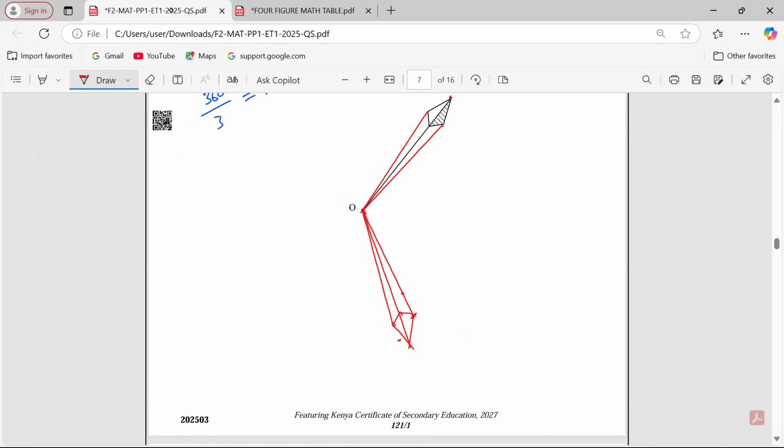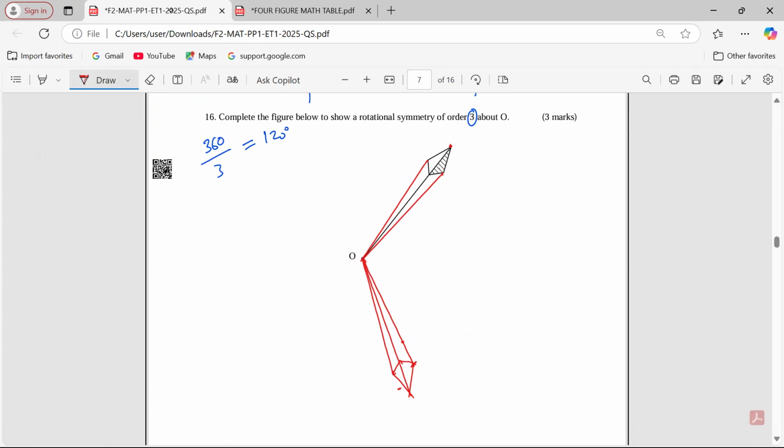Then we repeat the same for another 120. So we measure 120 again. So from that point, we measure 120 once again. That's where we will be. We do an equal distance.